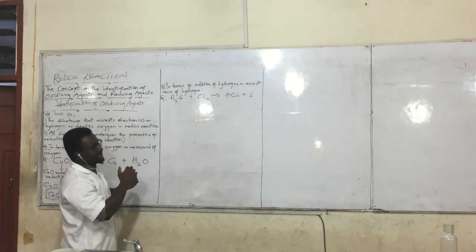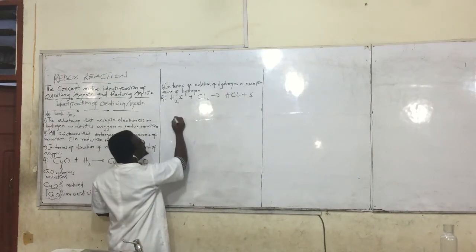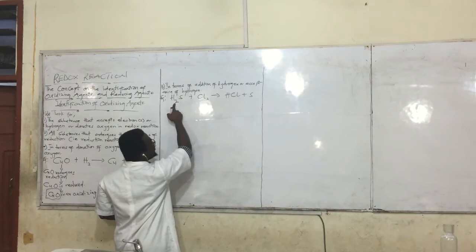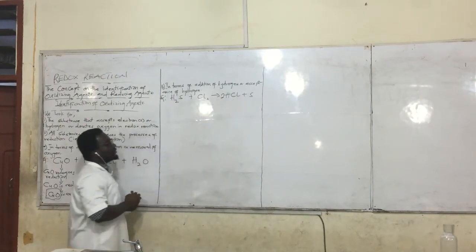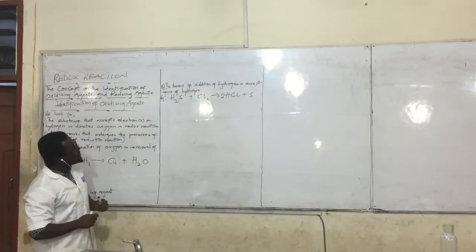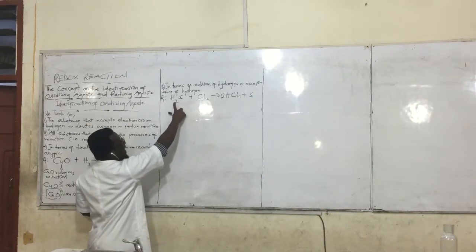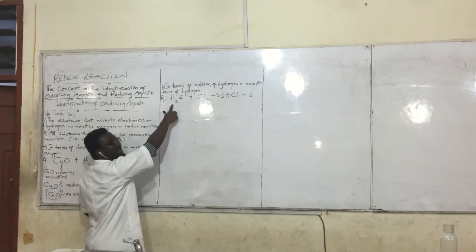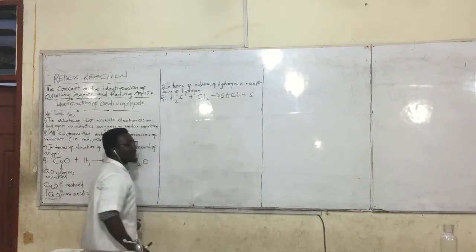So let's balance it. We have to balance the equation. Now hydrogen is 2, chlorine is 2. So for hydrogen, we put 2 there, it balances chlorine directly. So we have balanced the whole equation. Now we have seen that chlorine accepts hydrogen from the hydrogen sulfide to produce hydrochloric acid.